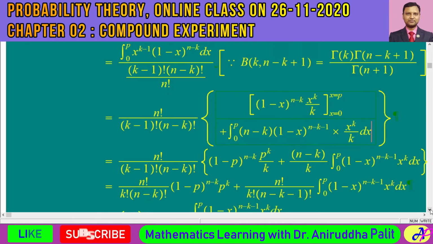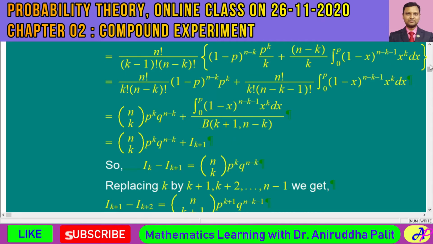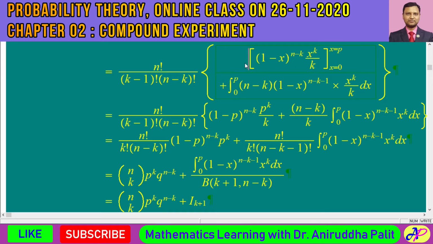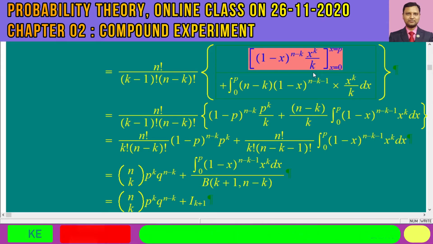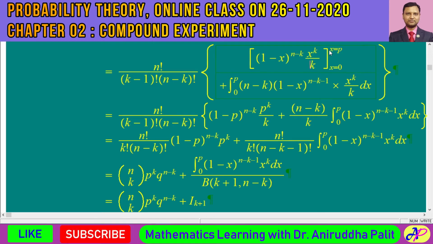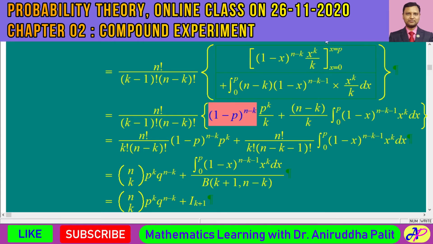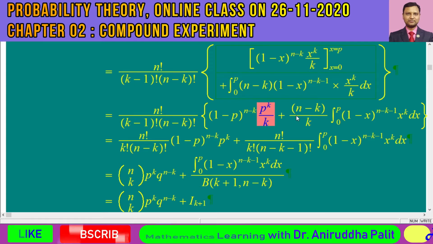Now we are trying to compute the value of this expression. If we put x equal to the upper limit p in place of x, we would have 1 minus p to the power of n minus k, and p to the power of k by k. That is one term.